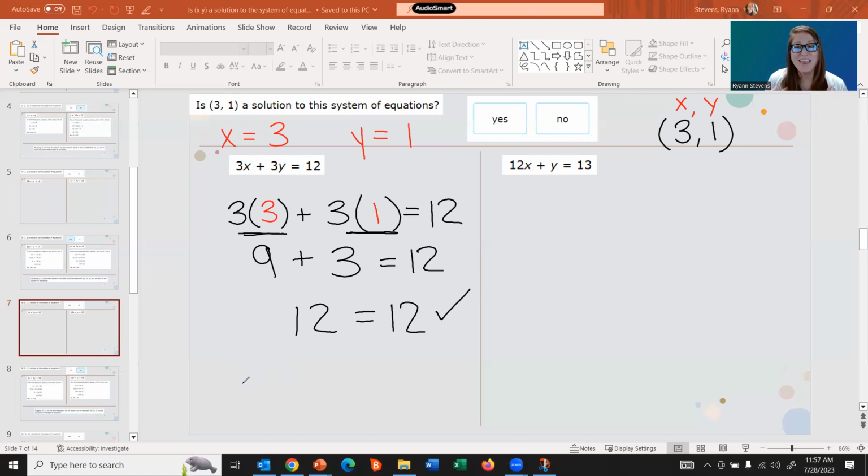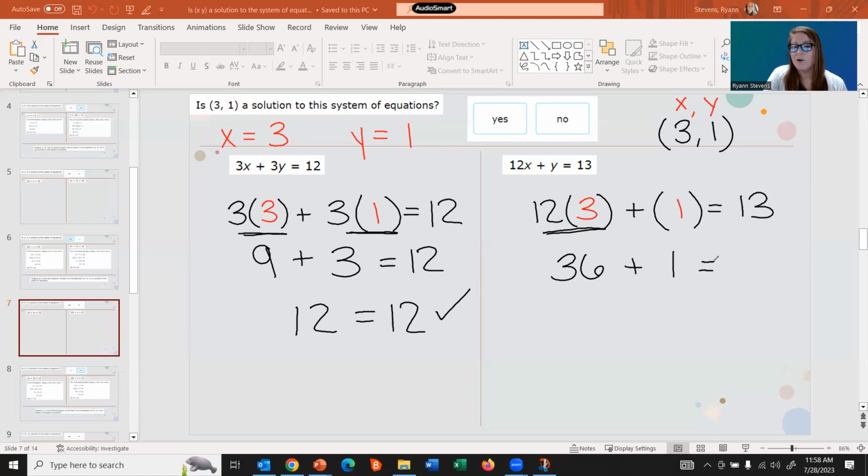Again, it's very important we keep going. We try that second one, make sure we get a yes for both. So we're going to have 12 times x, where we plug in the value of 3, and then y, where we plug in the value of 1, is equal to 13. So we start with 12 times 3, which gives us an answer of 36. Plus 1, we don't have to do anything with the 1.